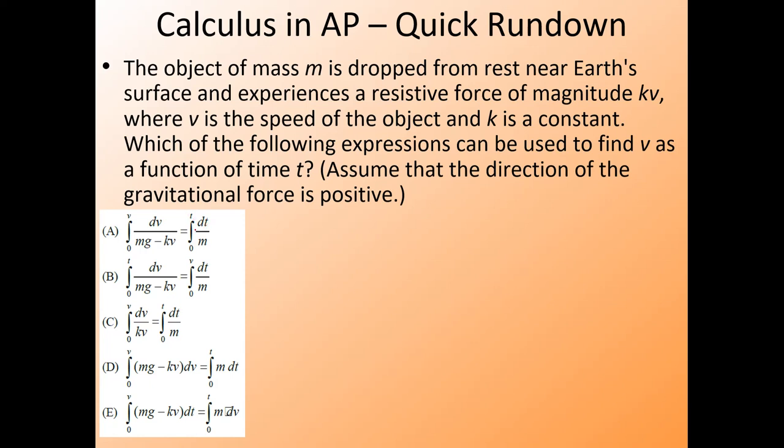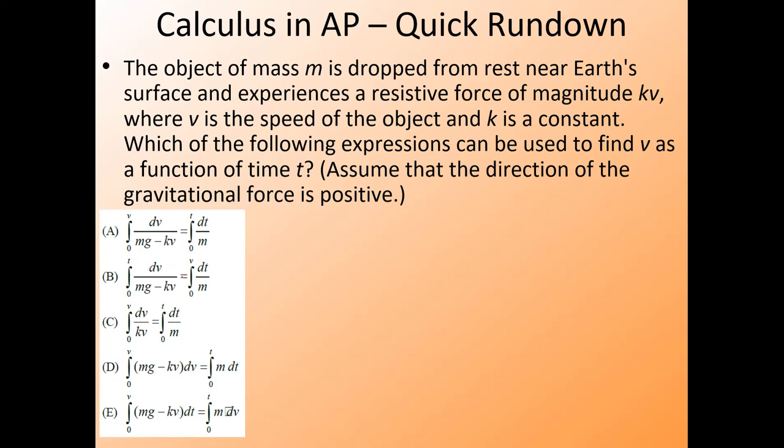When you're taking an integral with respect to time, these limits have to be time values. So A is a possible solution because it matches, but if you look at B, it doesn't match. It's got a dv here, but it's got time values. That doesn't make sense.